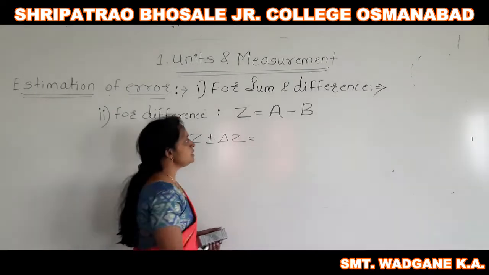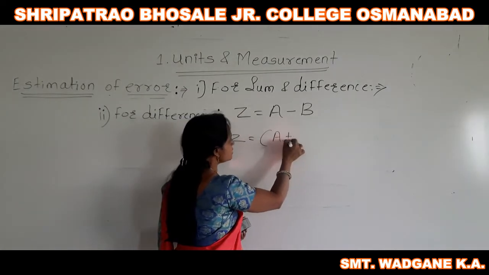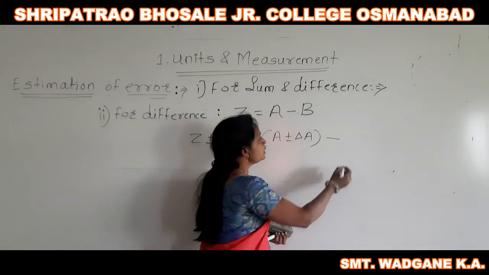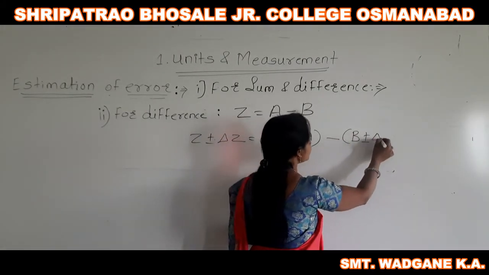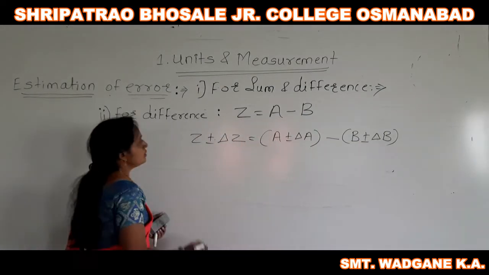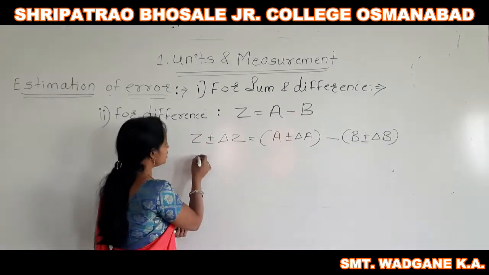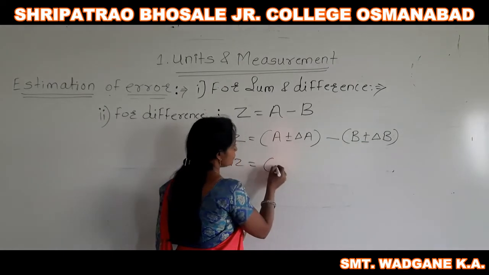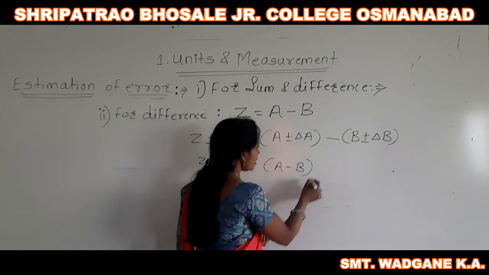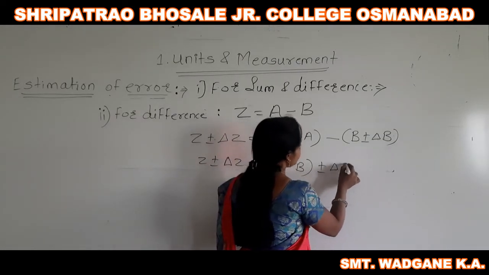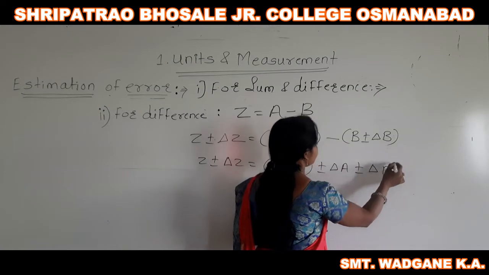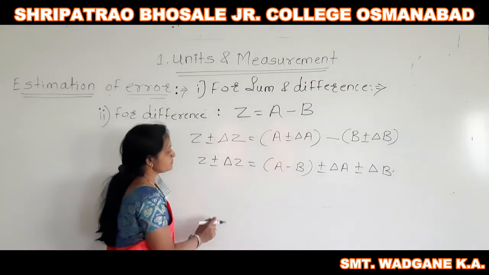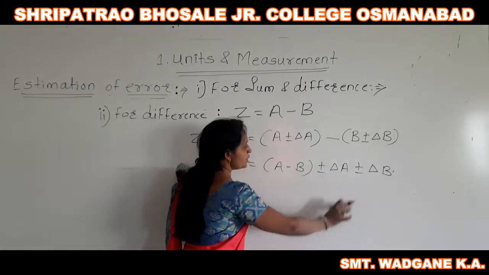In case of A, we can write A plus or minus delta A minus, here the symbol is for difference, that is minus, in case of B, absolute error plus or minus delta B. Then we know that Z is equal to A minus B, therefore Z plus or minus delta Z. Then we can write, taking the subtraction of these two quantities, A minus B plus or minus delta A plus or minus delta B. Here these two terms are taken together, therefore we get A minus B together and the absolute error together.